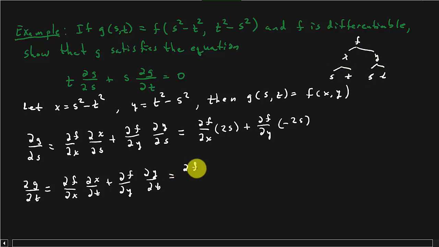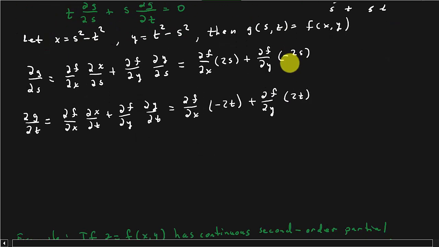And so that's going to be times negative 2t, plus the partial of f with respect to y times the partial of y with respect to t. Partial y with respect to t is 2t.